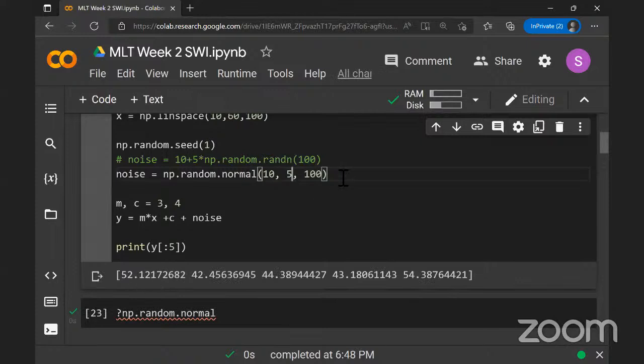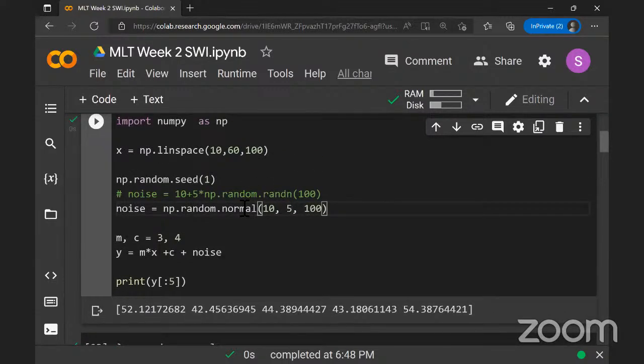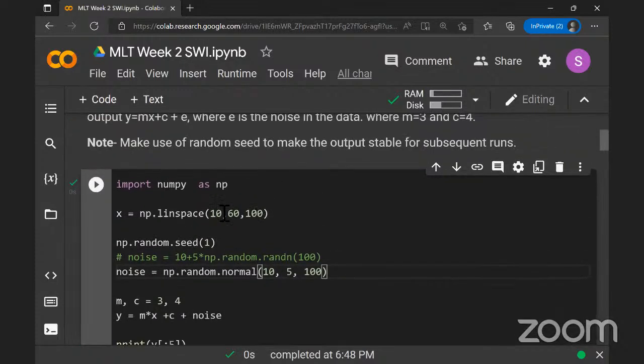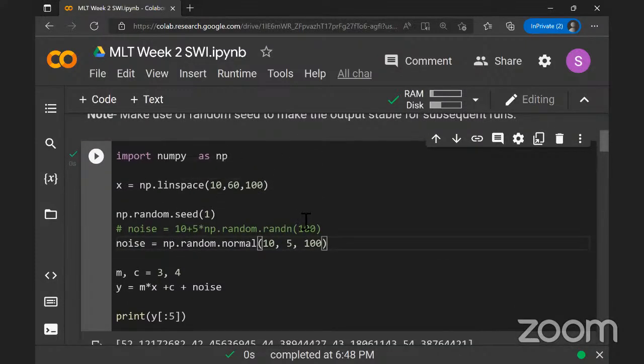Sir, I have one question. Even for random, if we have a range, suppose between 10 to 100 or something like that, how can we apply that? Similar to suppose this is for 100 numbers, if I have some range instead of just 100 numbers.